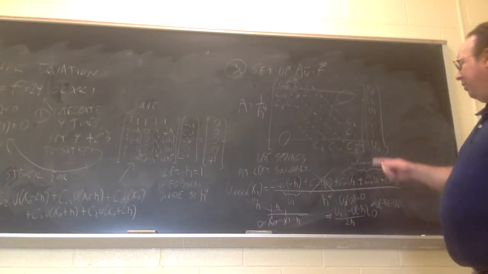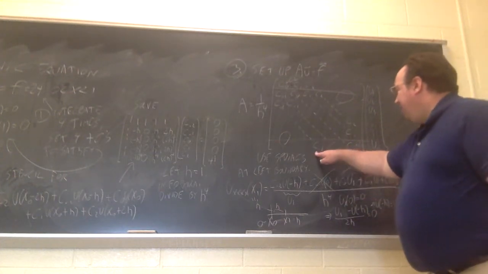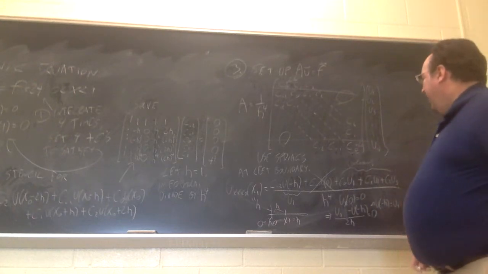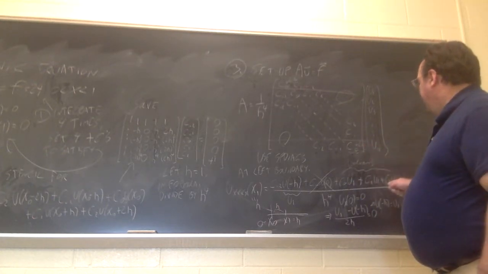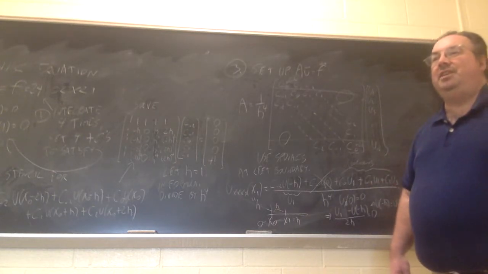If you carried out what I just did, only for the right boundary, I'd have c minus 2, c minus 1, c0 multiplying interior stuff, and then c2 would be multiplying u n plus 2.